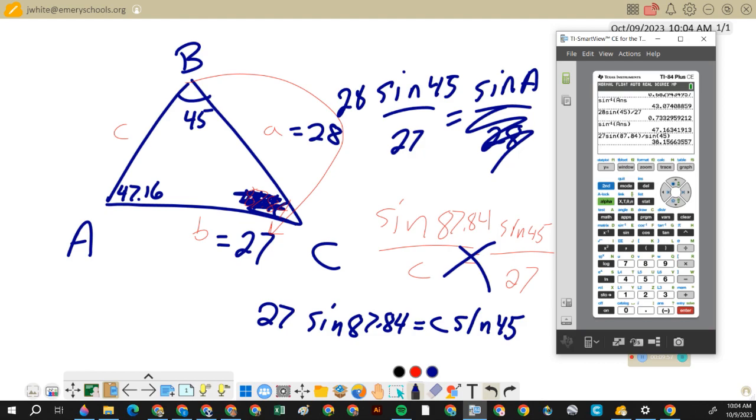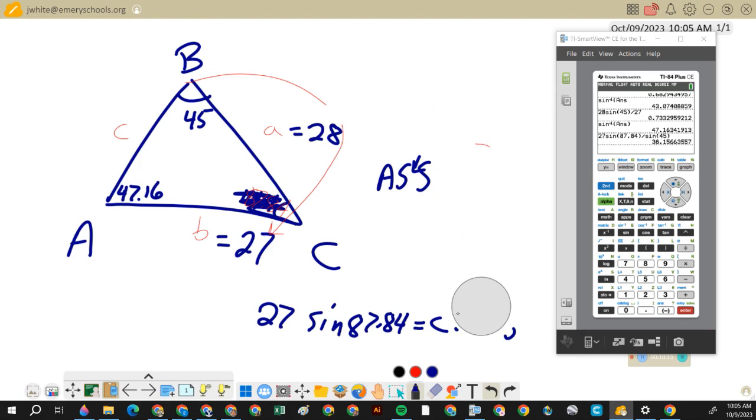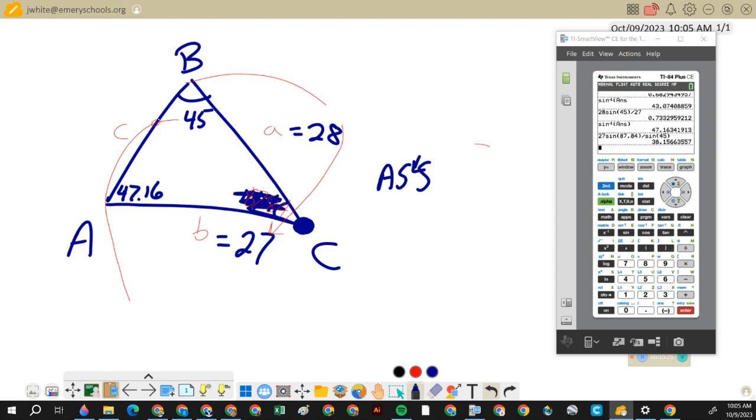What about triangle number 2? So anytime you have an angle side-side problem, the pivot is between the two sides. So look back at my picture. This is my pivot. Okay? So I'm going to swing this side in, and it's going to hit again.